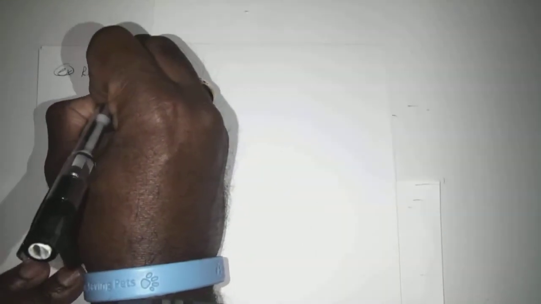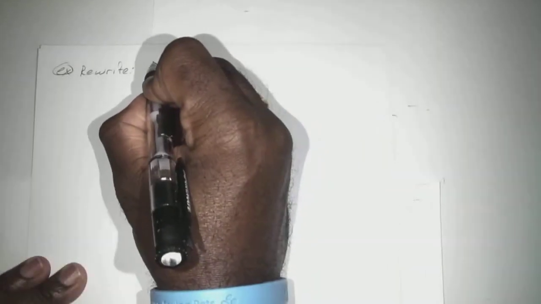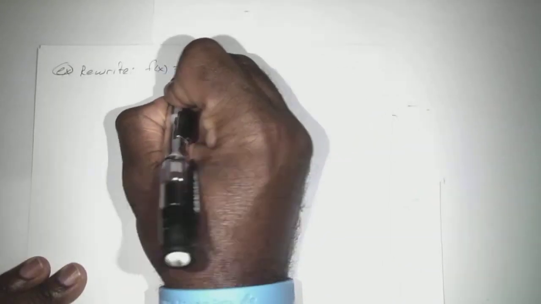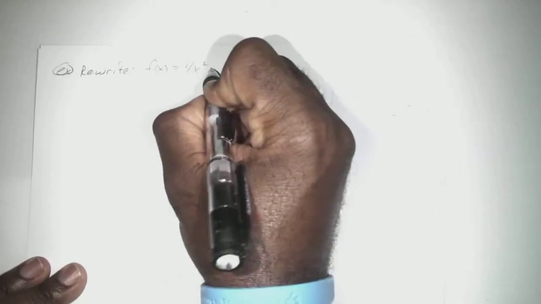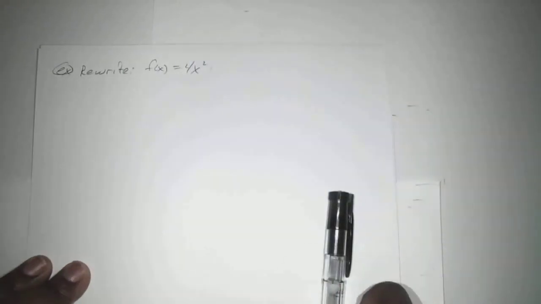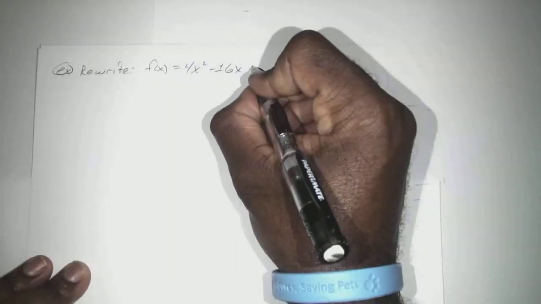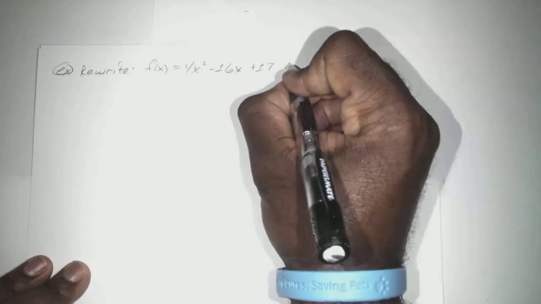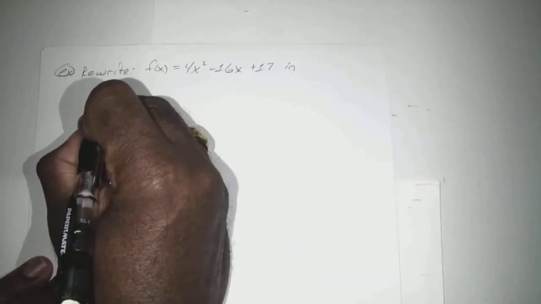Okay, so now we want to rewrite f of x equals 4x squared minus 16x plus 17 in standard form.